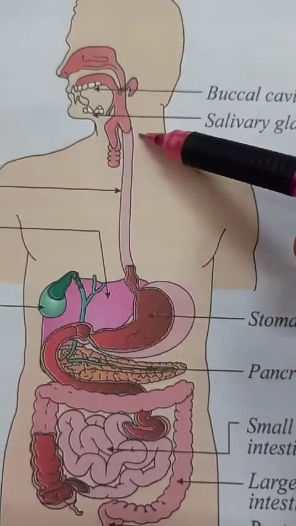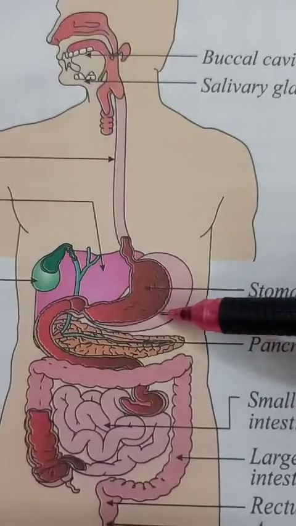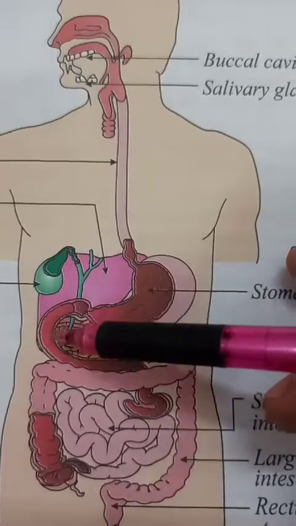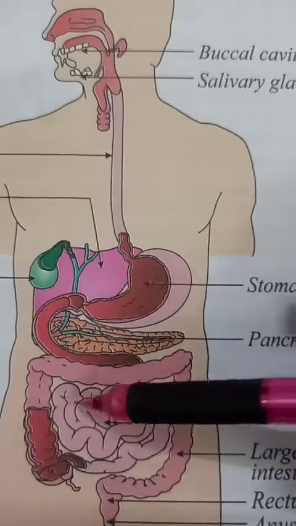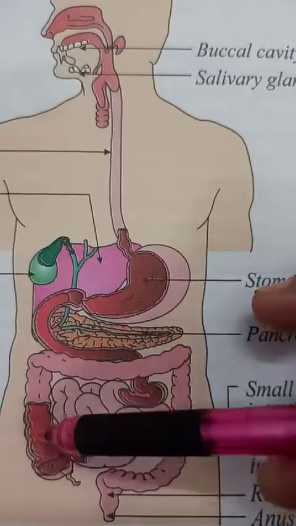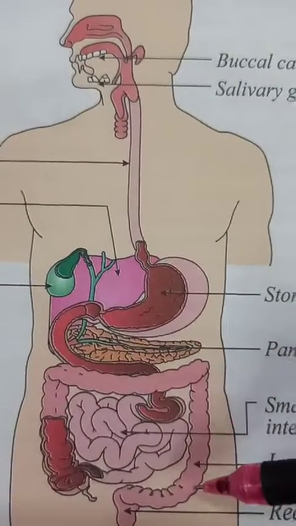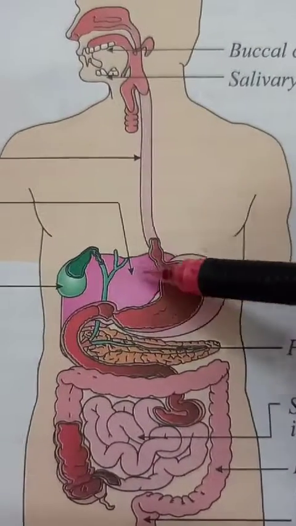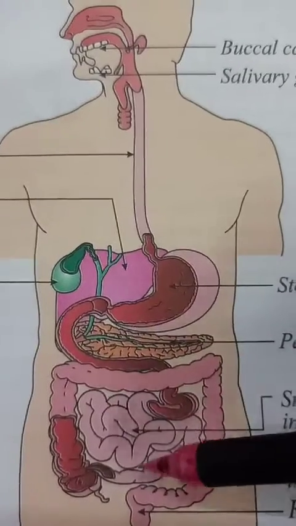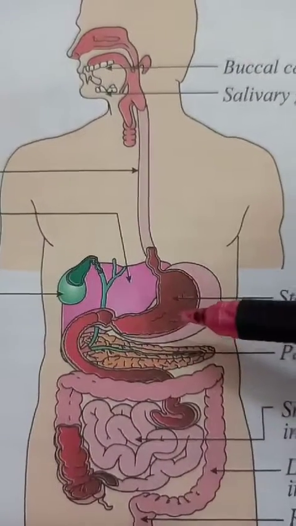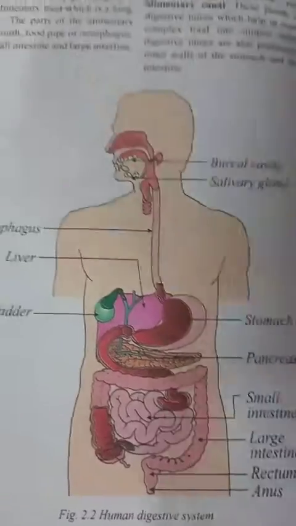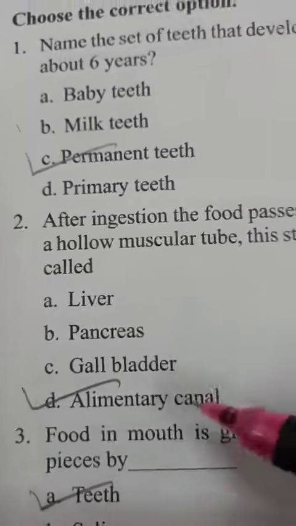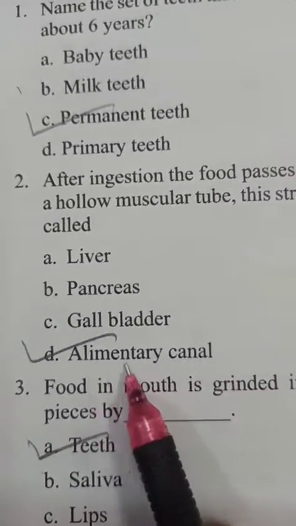See this, through the esophagus it enters this hollow, tube-like structure. First it goes to the stomach, then the small intestine, after the small intestine it moves here and there, and then goes to the large intestine. Okay, so this full hollow tube-like structure through which food moves is called the alimentary canal. Means the digestive system of a human being is also called the alimentary canal.